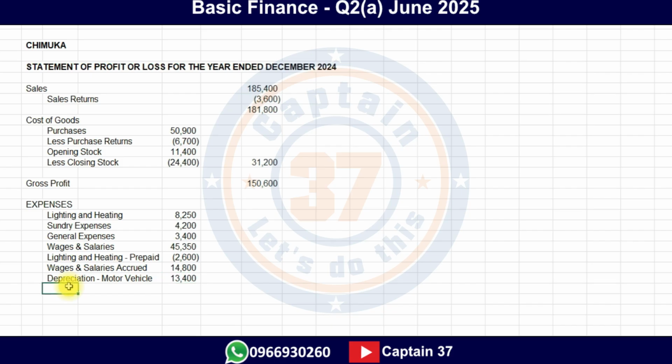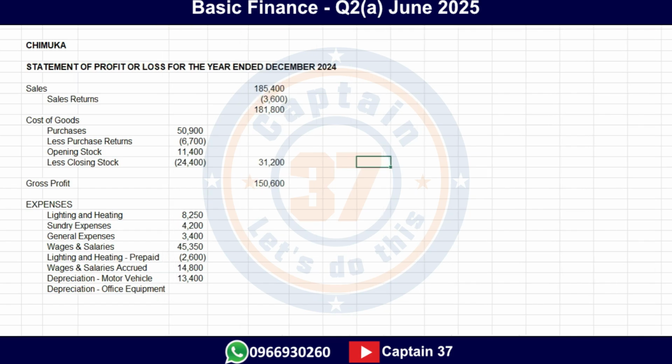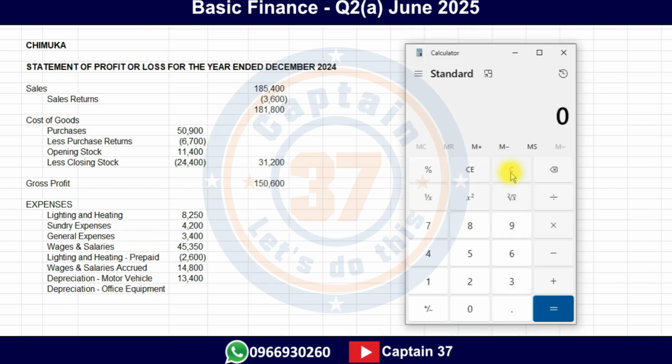Good. We have also been told that there is depreciation that applies to office equipment. So we will write again depreciation, but this time for office equipment. What is the value for office equipment? We've been told it is 60,000, depreciating at a rate of 25%.